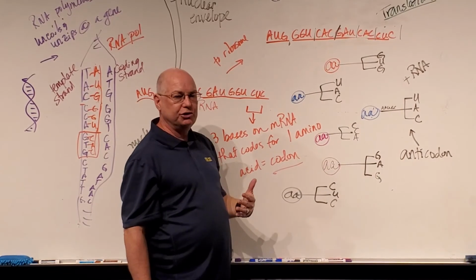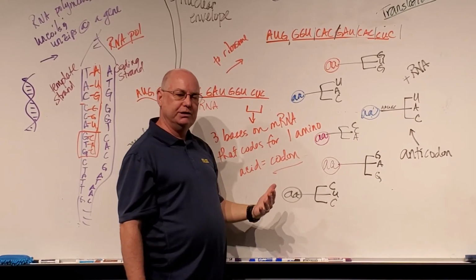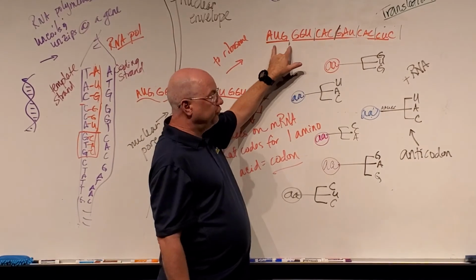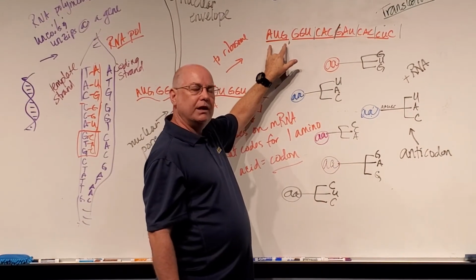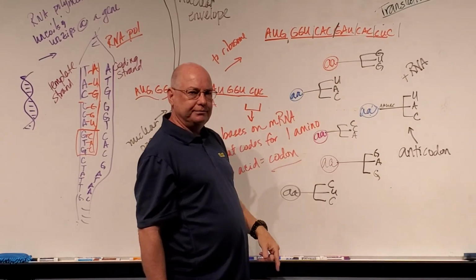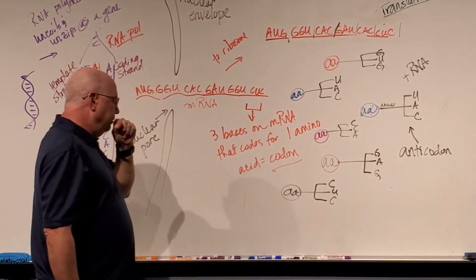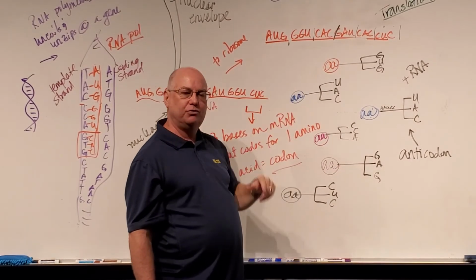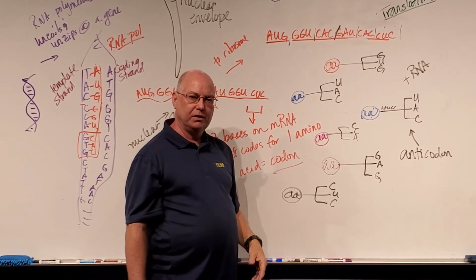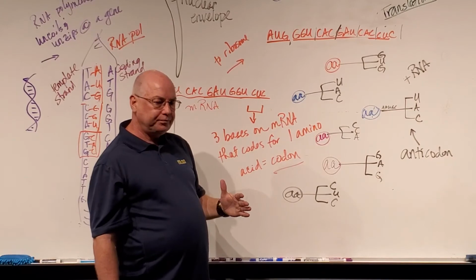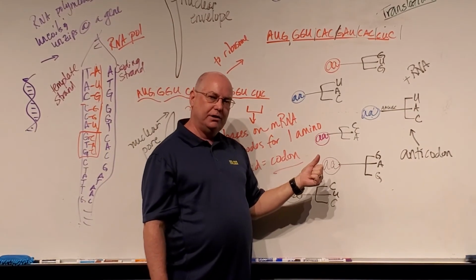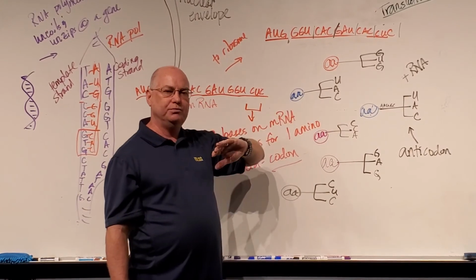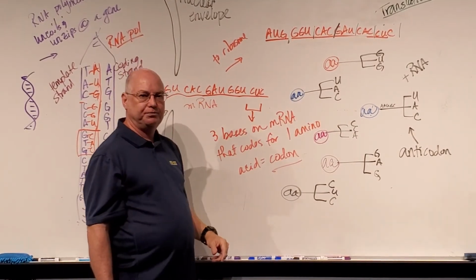So translation is the physical assembly of a protein, amino acid by amino acid, performed by the ribosome as it reads the messenger RNA. tRNAs are the molecules that transfer the amino acid to the ribosome during translation. So a tRNA is an RNA molecule that transfers amino acids to the ribosome during translation.